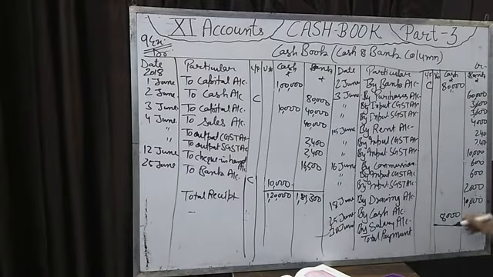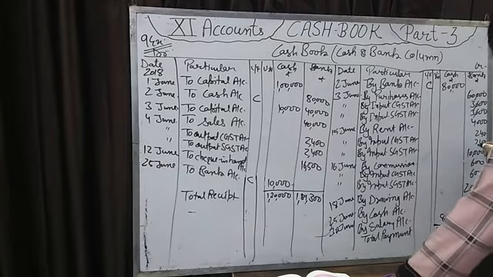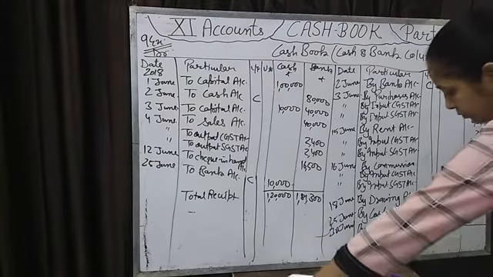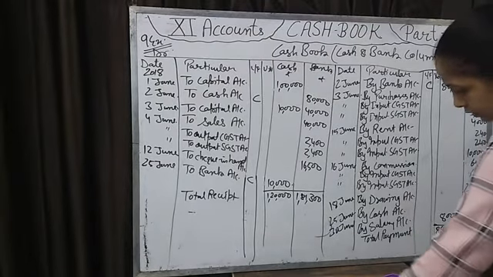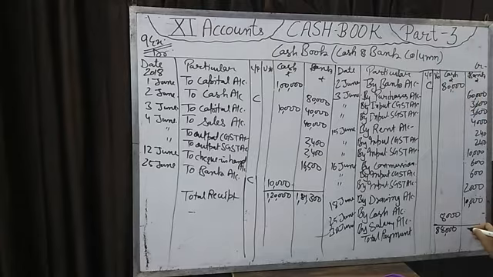Now total of cash is 88,000 and total of the bank column is 94,880.